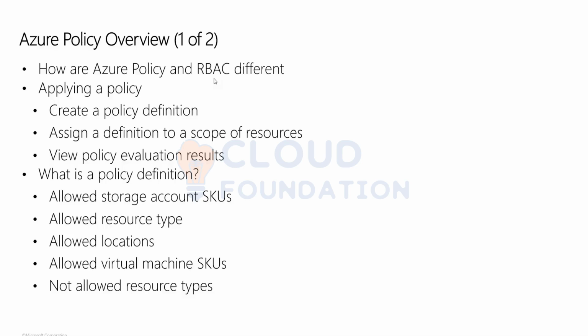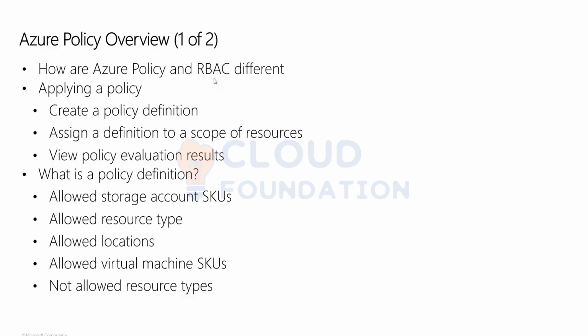Second thing that you see is allowed resource types. If you don't want people to create certain resources, throughout your subscription or throughout the management group, wherever you want this to be applied, you can apply it to any or to a specific scope. But which SKUs you want people to create?